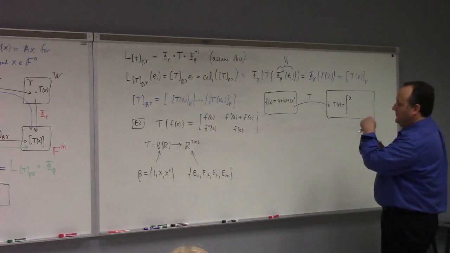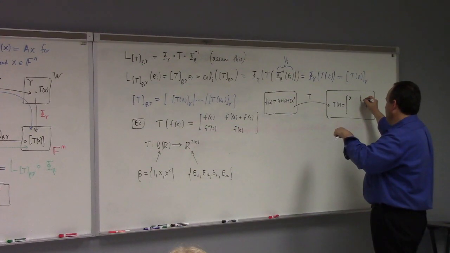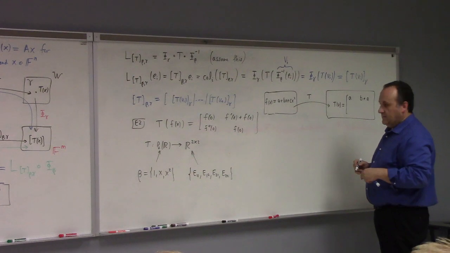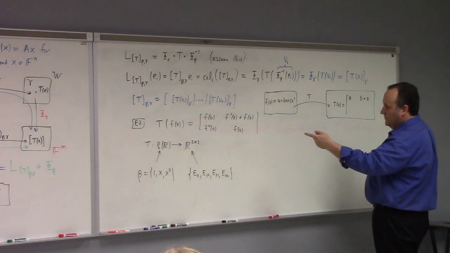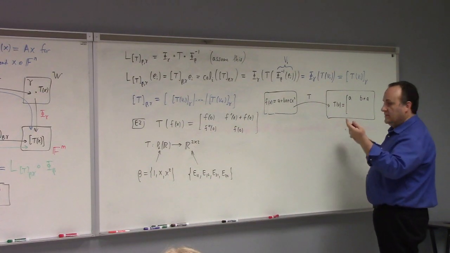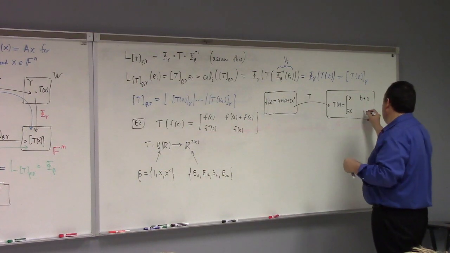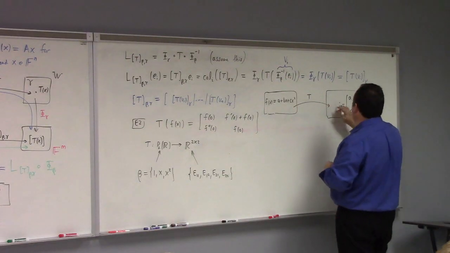And how about f prime of 0 plus f of 0 is what? That's b plus a, right? F prime prime of 0 is, what's f prime prime of x? It's 2c, right? So we got a 2c down here, you see. F of 0, well that's a again. So here's my T of f of x, yeah?